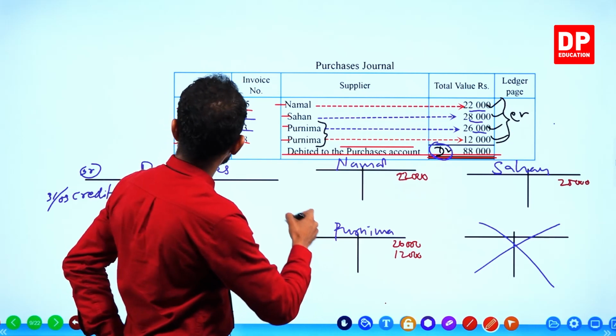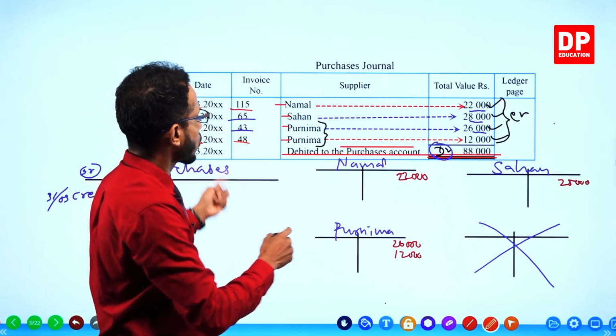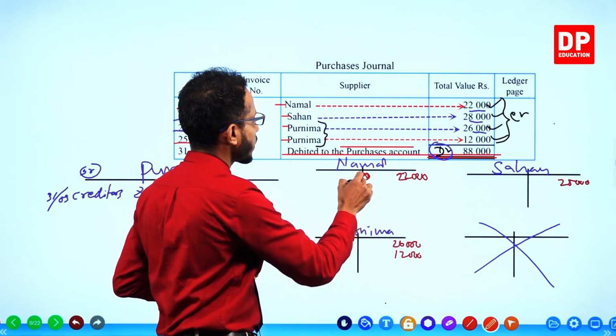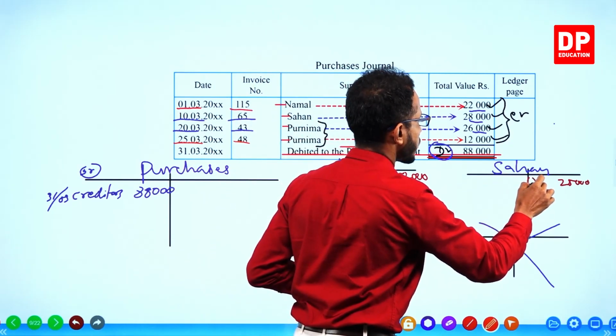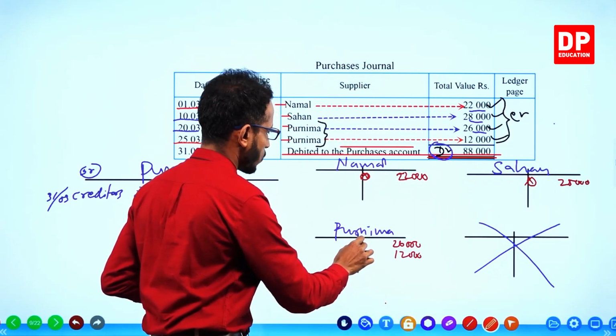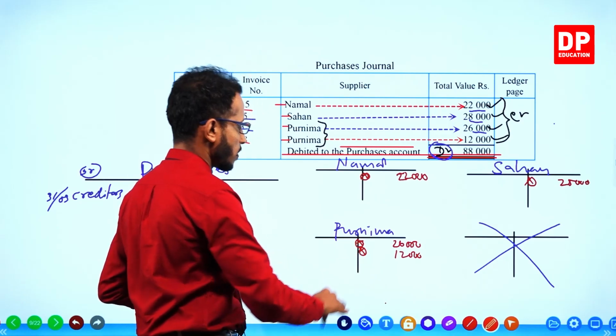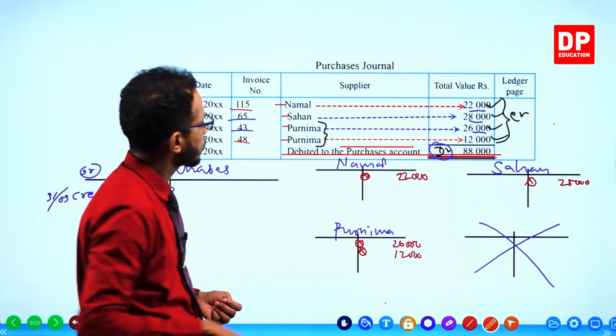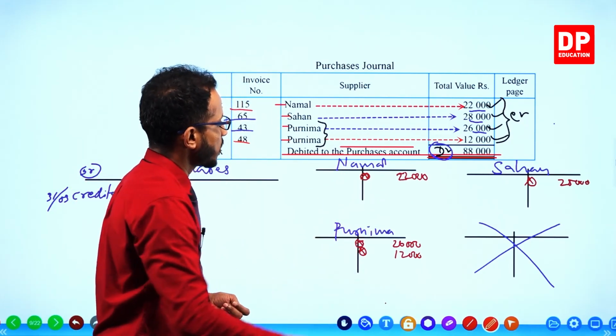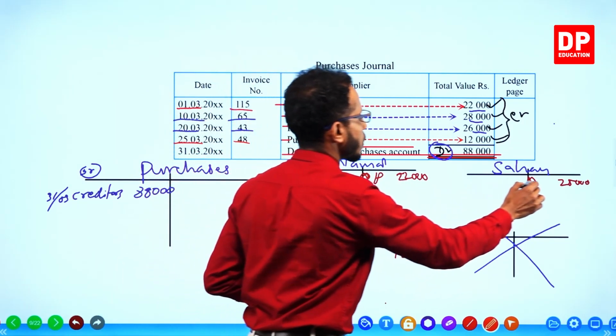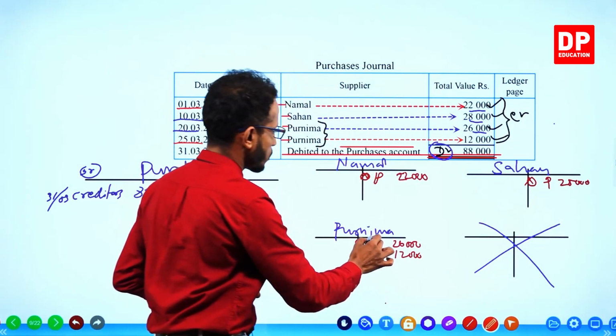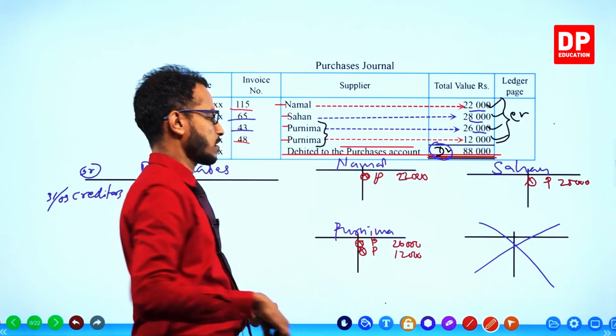Okay, dates are here, so don't forget to mention the dates. And description should be purchases, purchases, purchases, purchases.